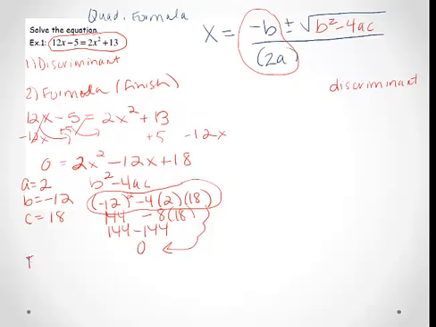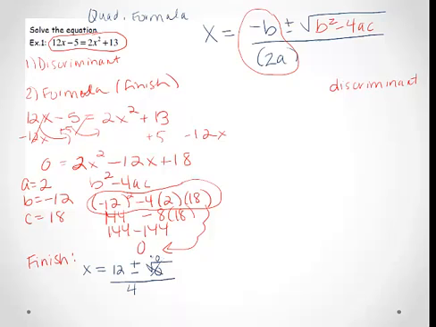So now let's finish the problem. x equals the opposite of my b. Since my b here is negative 12, the opposite is positive 12, plus or minus the square root of this answer. That's the discriminant. That's why I like you to do it first. All over 2 times your a. So I'm going to do the square root of 0. The square root of 0 is just 0.